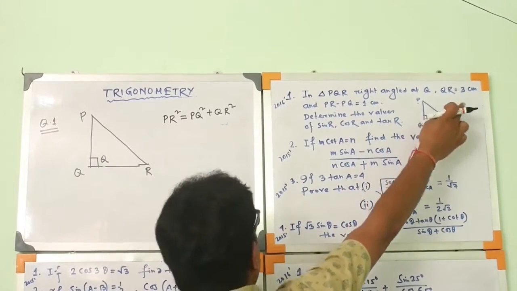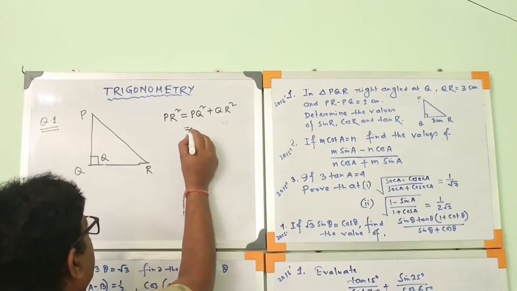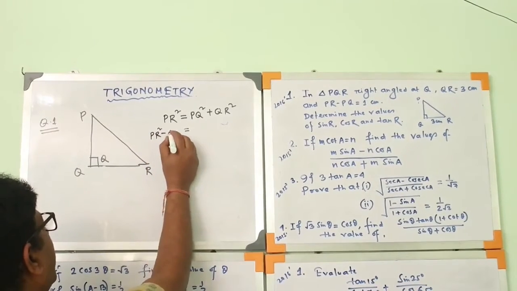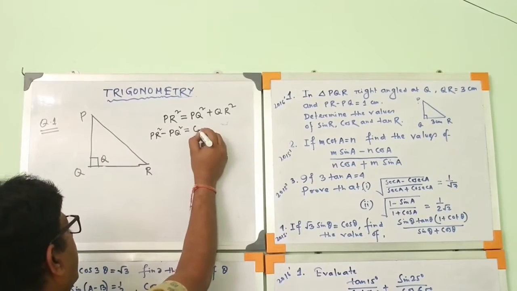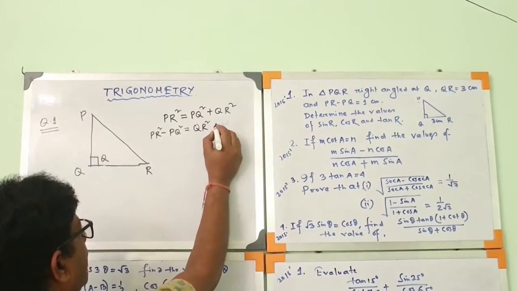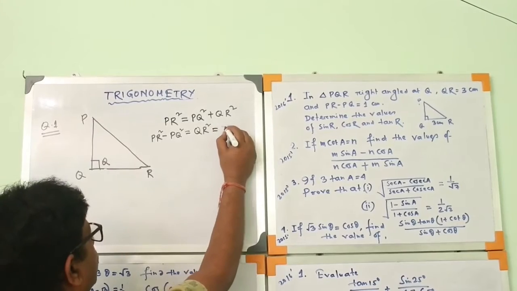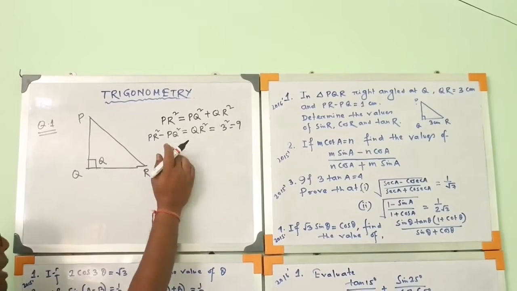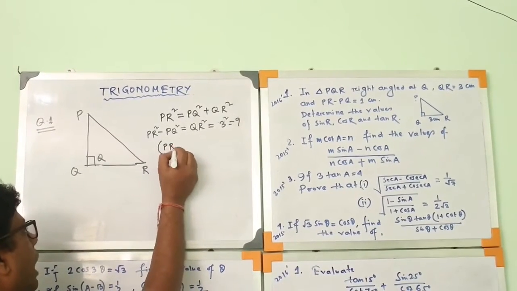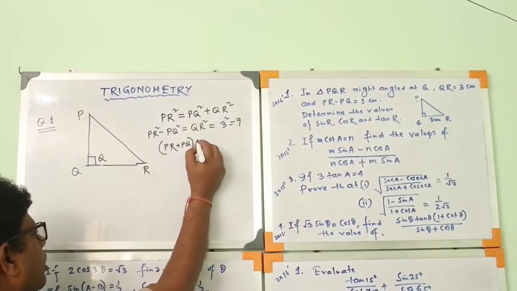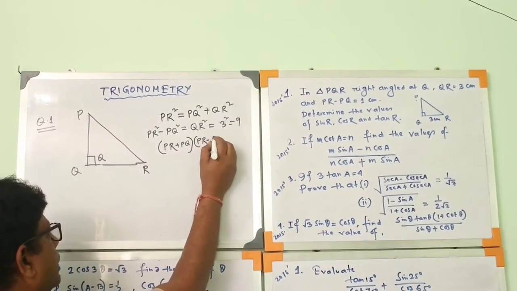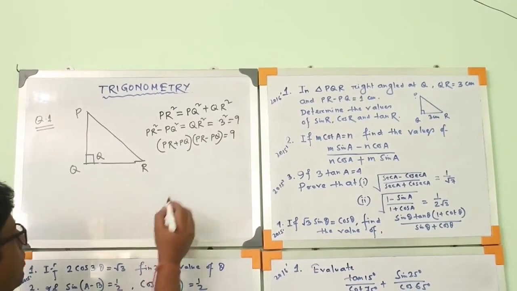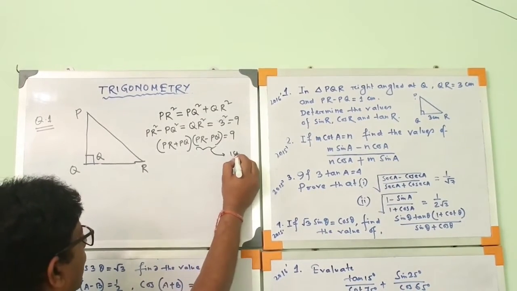The value of QR is given as 3 centimeter, so we can write PR square minus PQ square is equal to QR square. QR is 3 centimeter, so 3 square, that is 9. PR square minus PQ square, we can write as PR plus PQ times PR minus PQ, this is equal to 9.